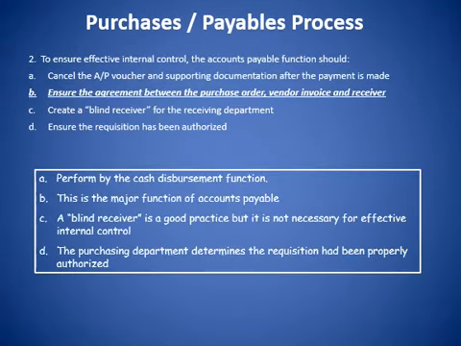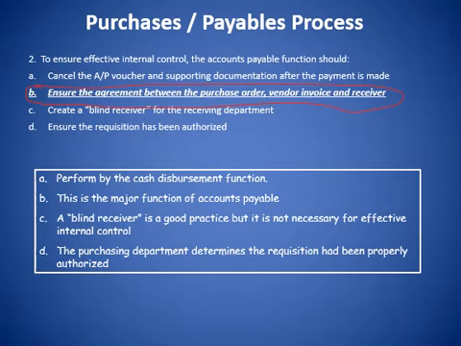The answer to number 2 was B. To ensure effective internal control, the accounts payable function should ensure the agreement between the purchase order, vendor invoice, and receiver. Under internal control, we also call that a three-way match, a match between the purchase order, the invoice, and the receiver. So that would be the proper answer.